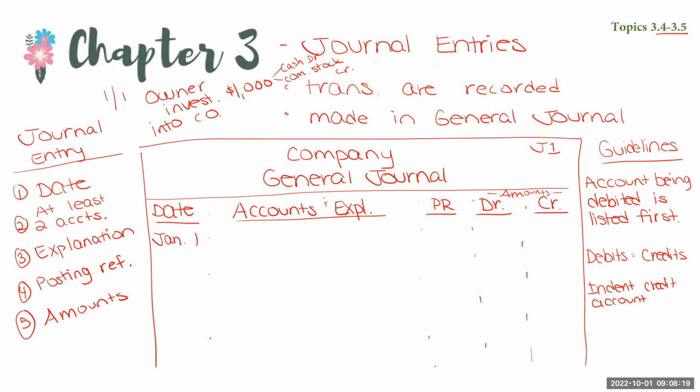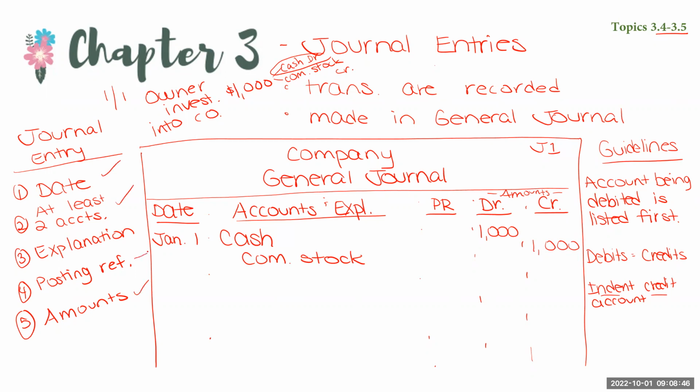January 1st. The account receiving the debit goes first, cash. We'll worry about the posting reference column later. Fun fact, there's no dollar signs in the general journal. You're going to indent the credit account, common stock. There you go. And now let's have an explanation.